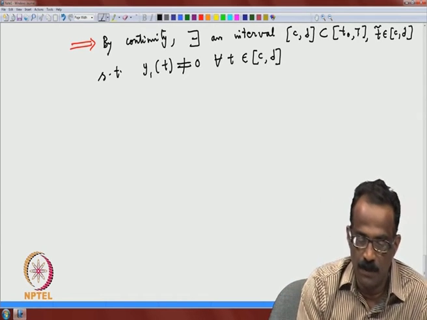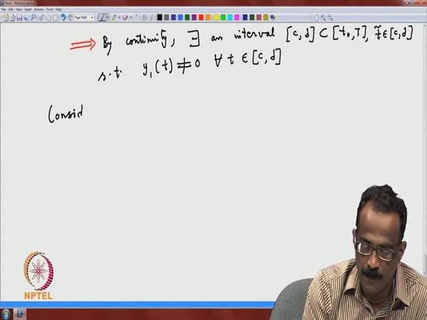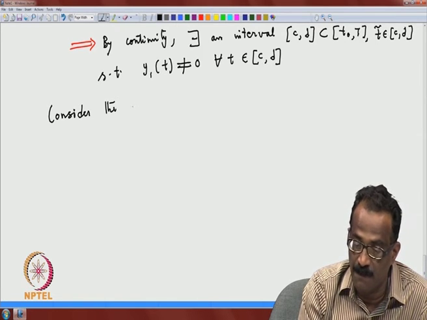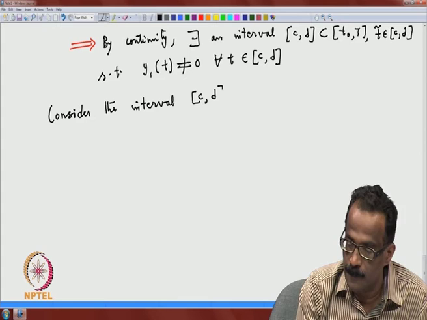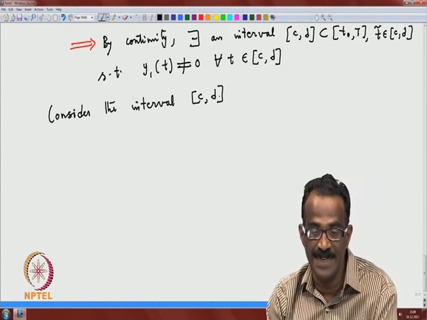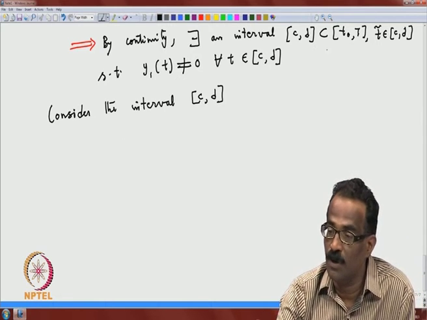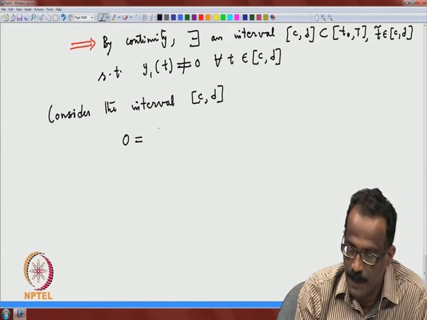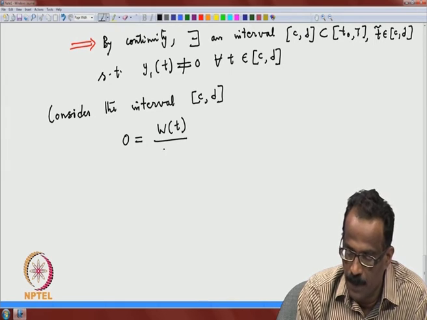Now consider, this is the only trick we have to follow carefully. We are working in the interval CD, nowhere else. So we are doing all analysis in CD right now. Consider W is identically 0 everywhere. Therefore, 0 is equal to W of t by y1 squared.